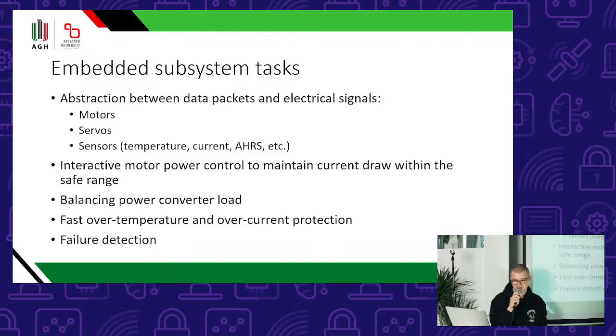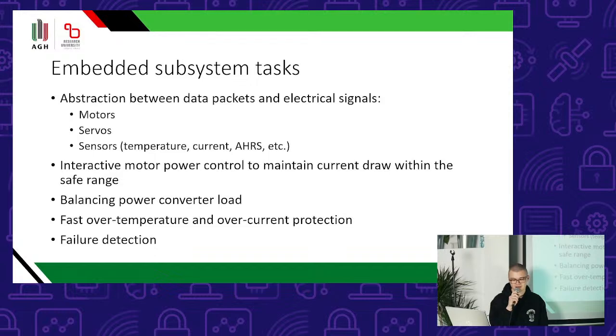Okay, so the question is, what are the embedded system tasks? As I said earlier, the most important task is providing the abstraction or translation between the data packets and the electrical signals, because the control station may send a signal to set thruster three to 30% of its power, but it has no idea how the thruster is connected and what PWM is.